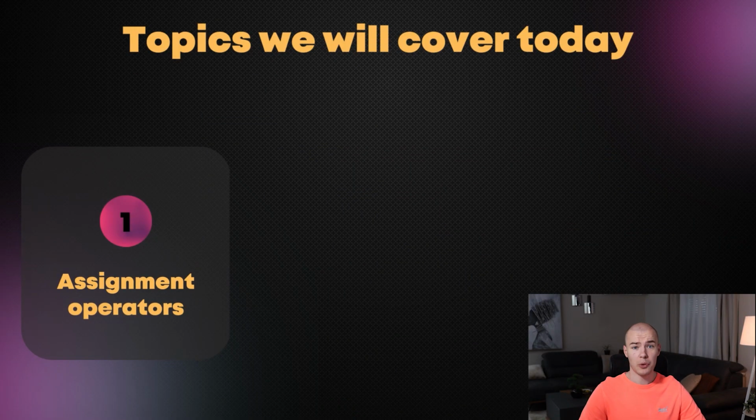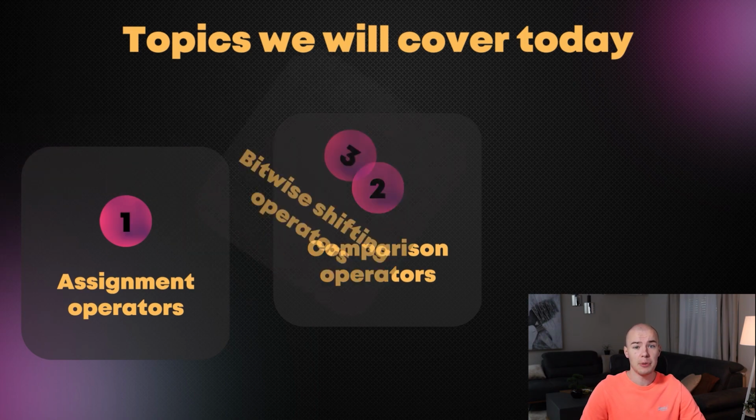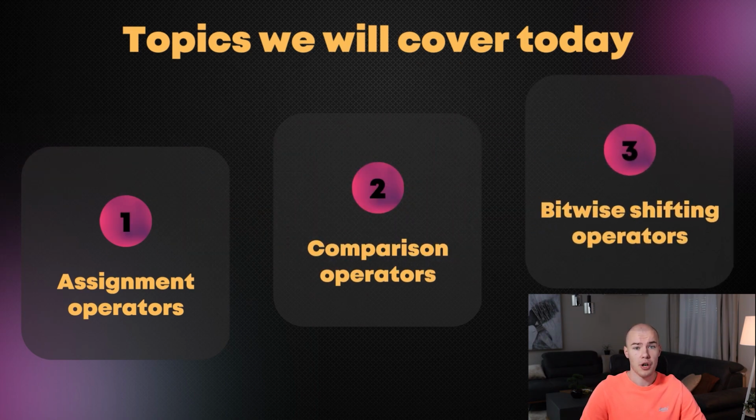Also, we will talk about comparison operators, and these ones are basically the ones you're going to use almost every day of your coding life, so you should definitely pay a lot of attention to them. And finally, we have bitwise operators, which are going to allow us to shift bits in our variables.